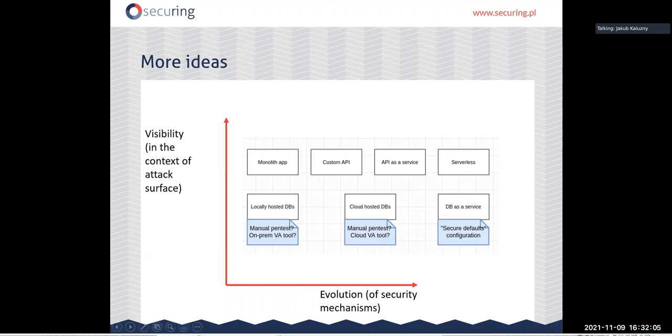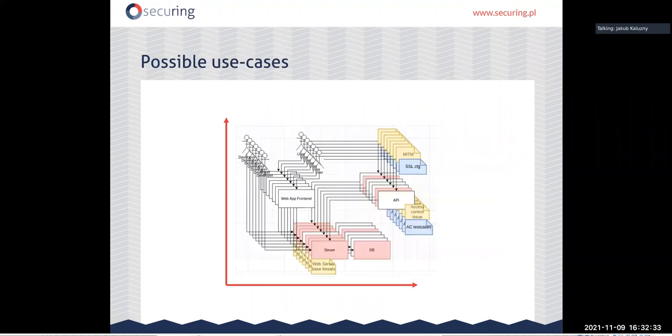And then if you have databases as a service, you solve all of these issues without actually running the VA tools or manual pen test, because you can just define the secure defaults configuration. So some baselines that those databases should apply within the privileges metrics or within exposure to the internet. So that's the idea.